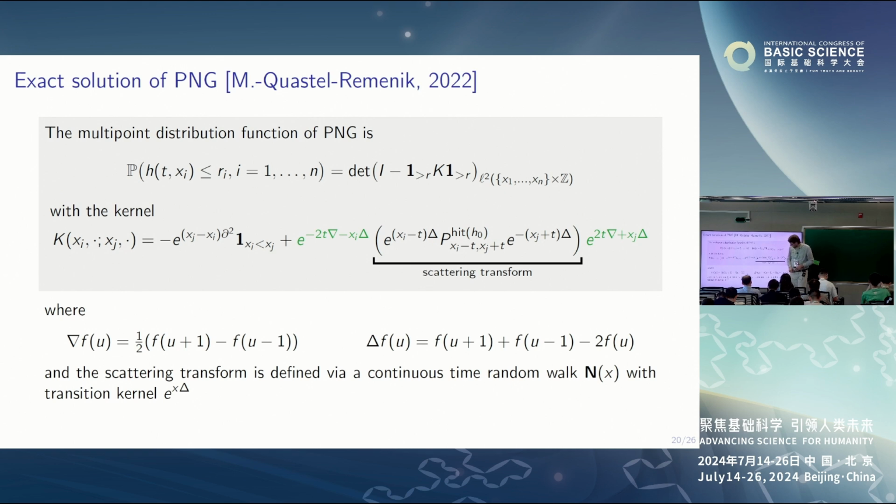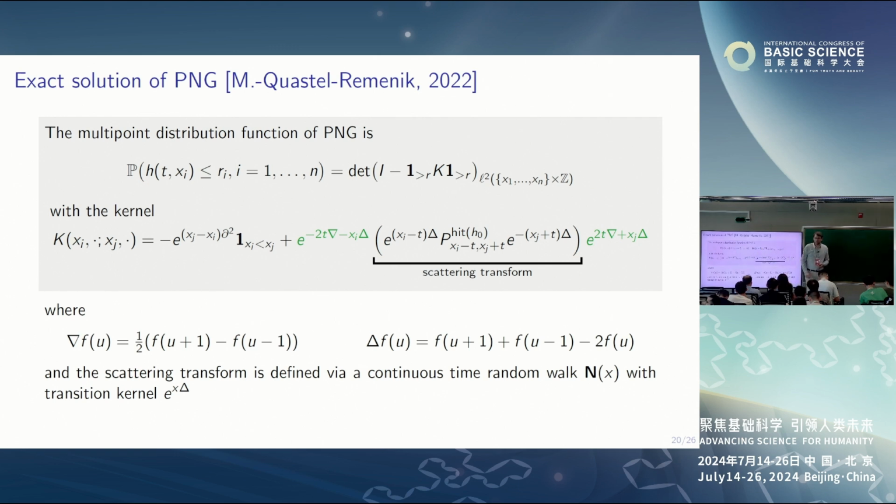In particular, we need to introduce the symmetric discrete derivative and the discrete Laplacian. Then the kernel has two terms. The first one is the exponential of the discrete Laplacian. And the second term is, again, the scattering transform of a random walk conjugated by suitable exponentials.